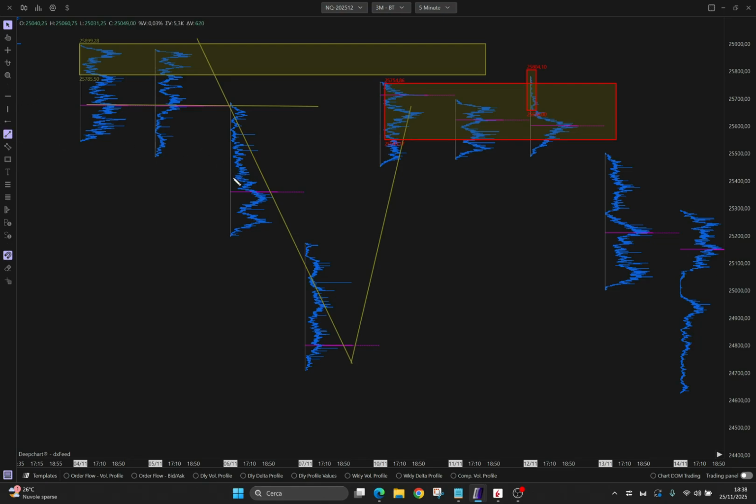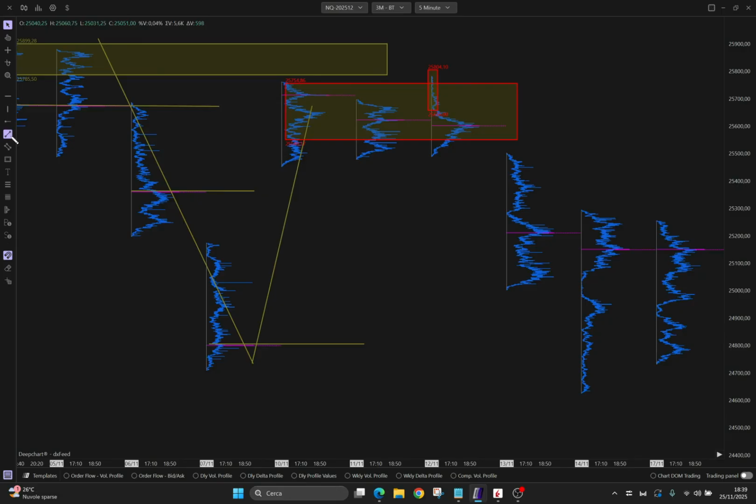Point of control. Who is controlling? The sellers are protecting, but we don't have a trend. Sellers in control. Perfect. Switch, retracement. But you can see this kind of information. POC, POC, POC.